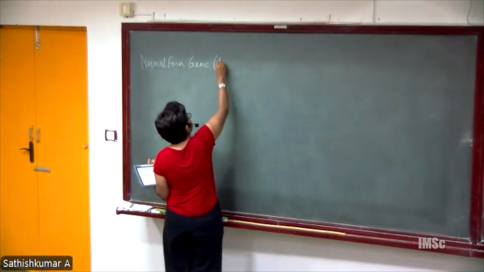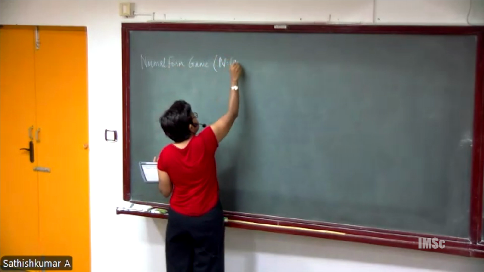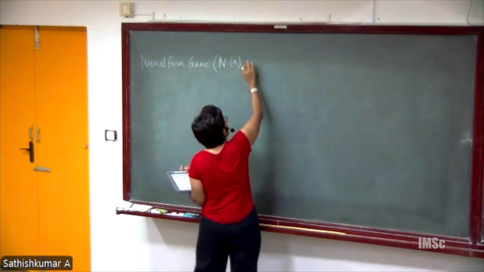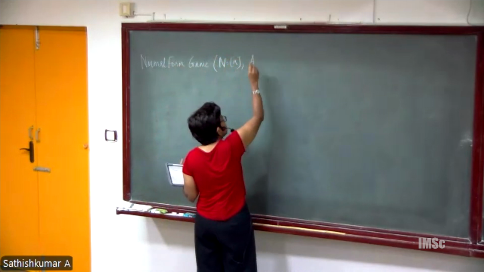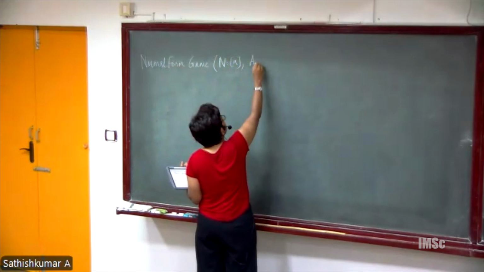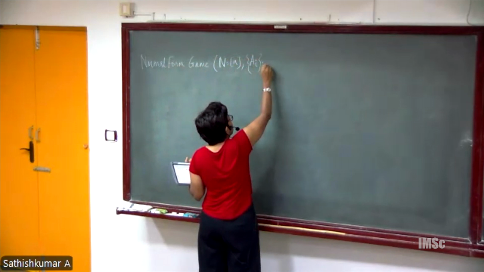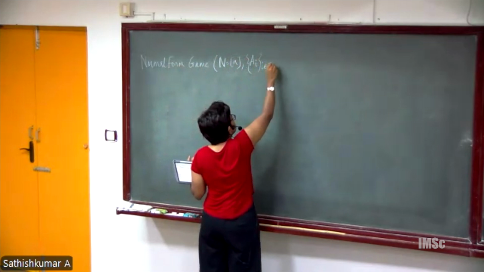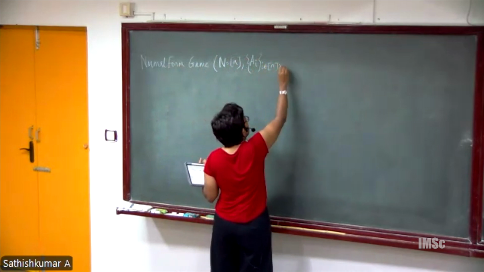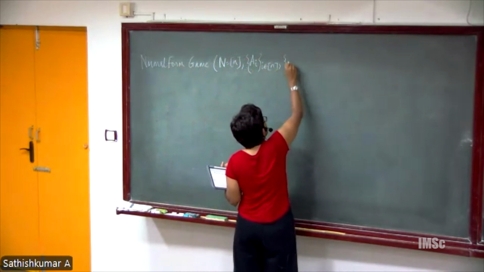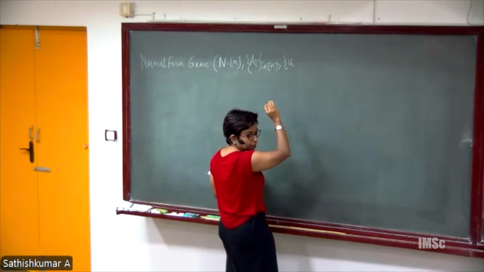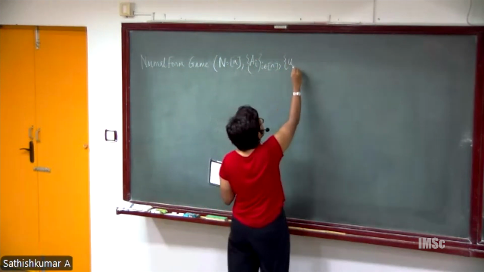You have a set of players. You have a set of action sets for each of the players. You have this. And what else do you have? You also have a, sorry? Yes, utility function.